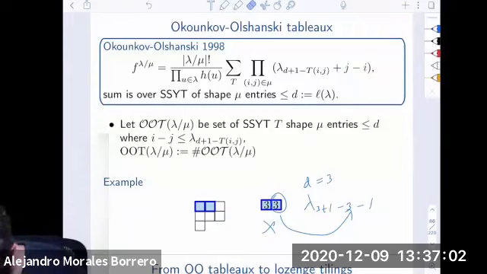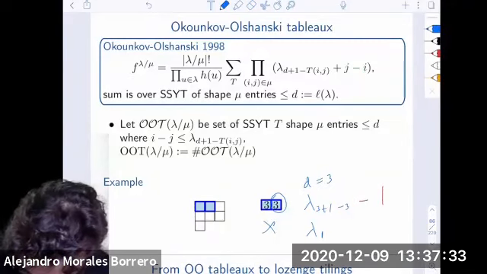Oh, sorry, that's the subscript. And then I have minus 1. So this is lambda 1. Oh, no, this should be lambda 3. Okay, maybe I did something wrong here.